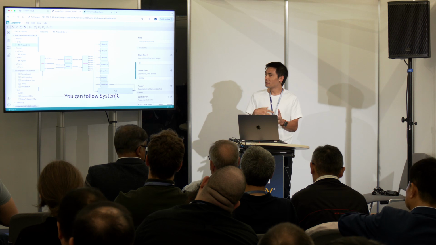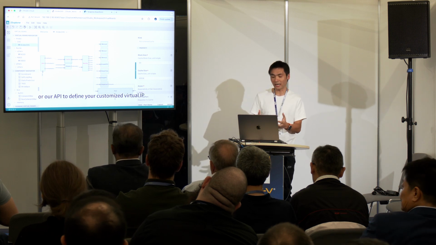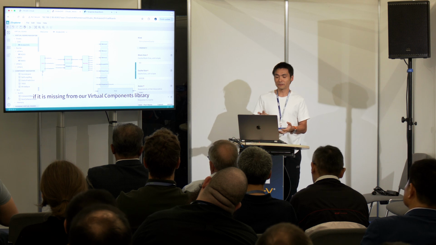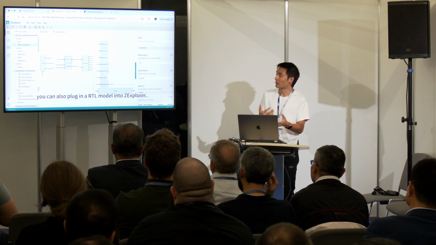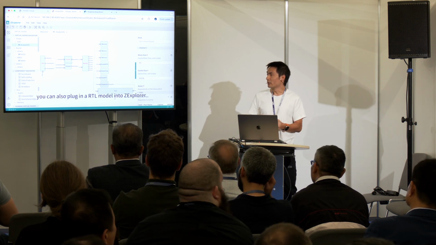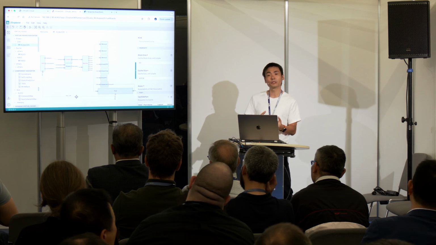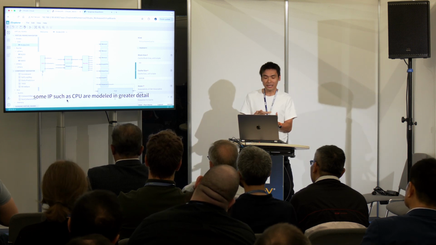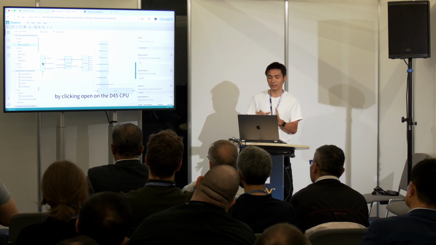You can follow SystemC or our API to define your customized virtual IP. If something is missing from our library, you can also plug an RTL model into our ZIG Explorer as well. Some IPs, such as the CPU, are modeled in greater detail.